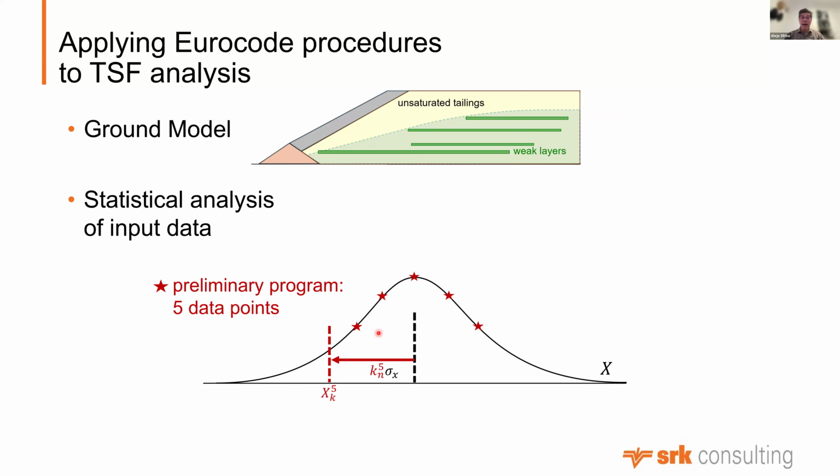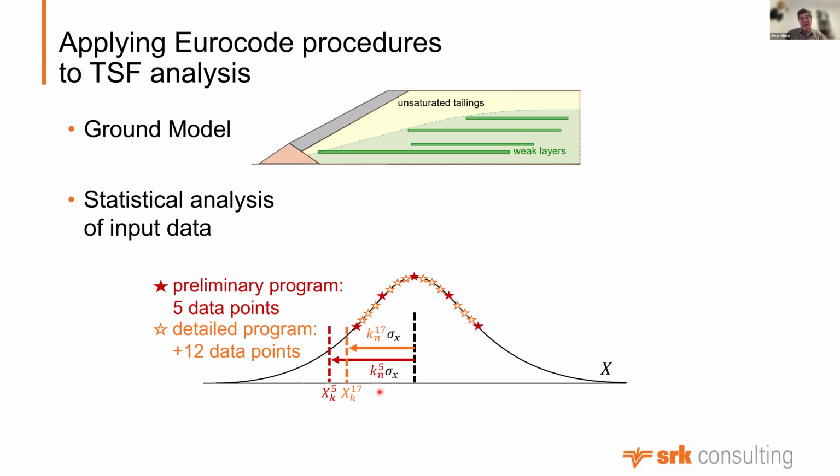But if you go back and you do more testing and you have more data points, like here, now see that a lot of extra data points, nothing of that will change the mean value, because I faked it. I put these data points on top of the previous probability density function to make the mean constant. But because we have more data, the value that we may use for design is not as conservative as previously.